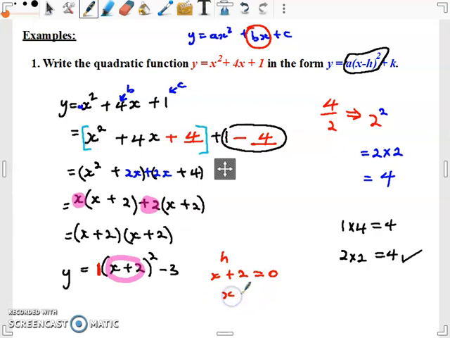So x plus 2 minus 2 equals 0 minus 2. These cancel, and we have x equals minus 2, or h equals minus 2, because we're finding h. So the value of h would be minus 2 in this case, because you have a plus sign right there. And then the value of k would be minus 3.